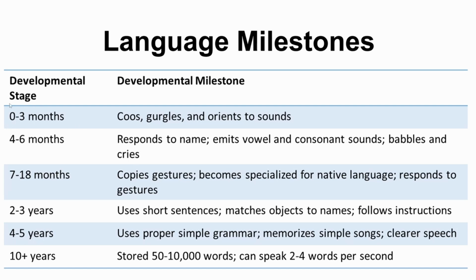So when we see right off the bat, from birth to 3 months of age, we see that babies have an ability to orient towards sounds. This means that when they're born, they've had that chance for their auditory senses to develop because their ears work while they're in the womb. So they're surrounded by sounds.